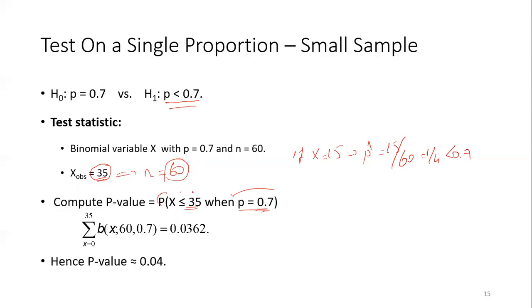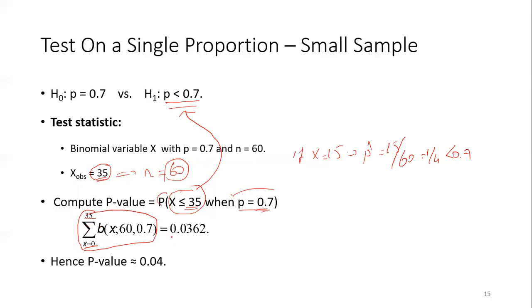To select the direction, you just look at the null hypothesis. If the values favor the alternative hypothesis, that's okay. So you sum the probabilities from 0 to 35, and you can find this either in Excel or in your book.